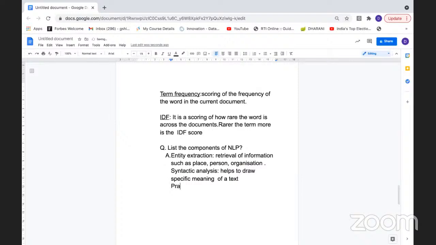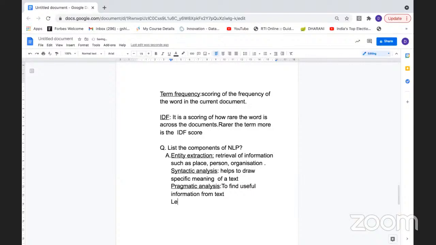In the same fashion, you have pragmatic analysis. Syntactic is one, entity is one, and now pragmatic: what happens in this? To find useful information from a text.